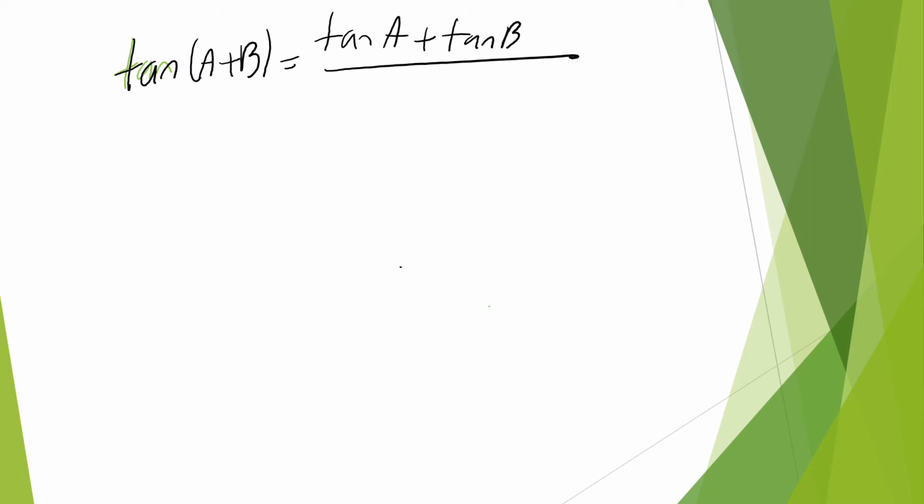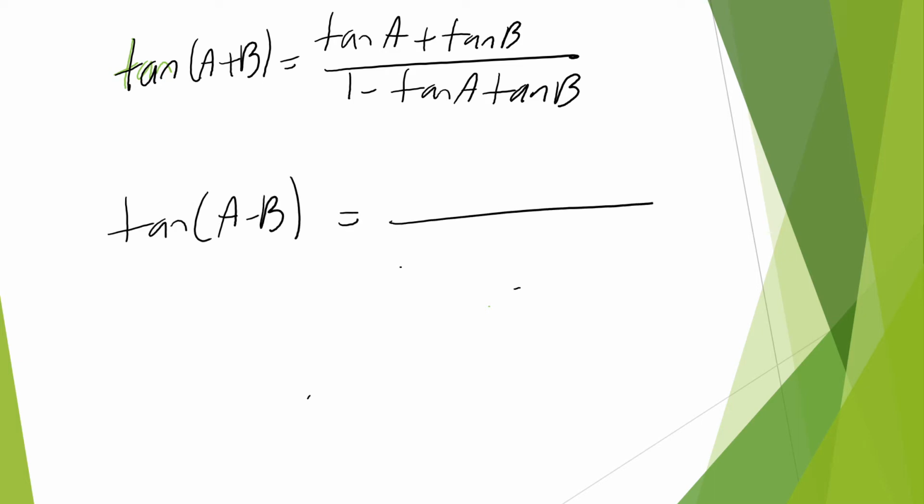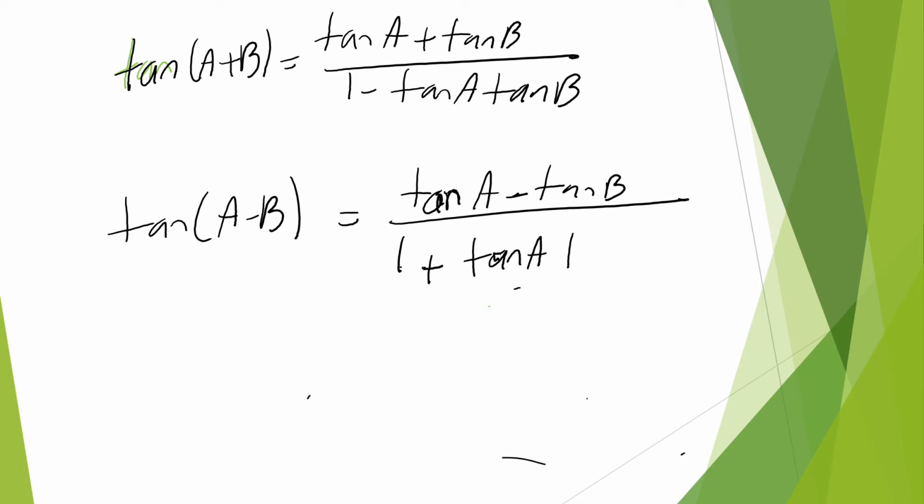Tan A plus B is slightly harder: tan A plus tan B over 1 minus tan A tan B. And tan A minus B equals tan A minus tan B over 1 plus tan A tan B.